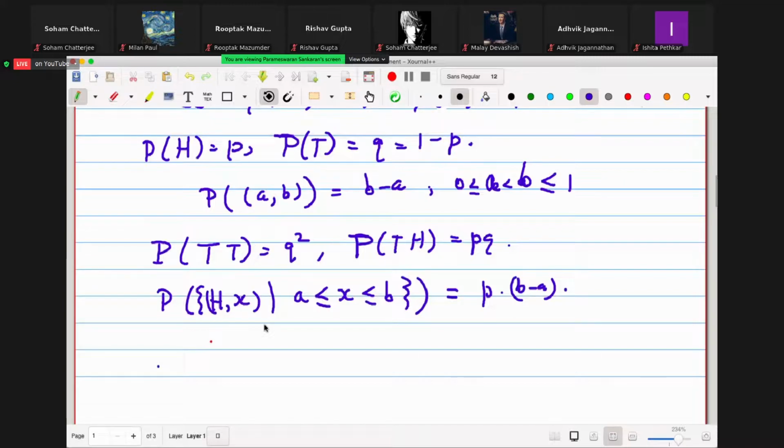If you make some calculation and it turns out F_X of t goes outside this range 0 to 1, you made a mistake somewhere. So just write the definition always. This is the probability of the set of omega such that X of omega is less than or equal to t.